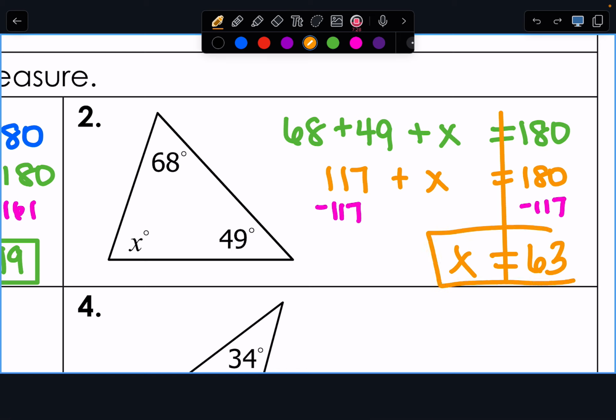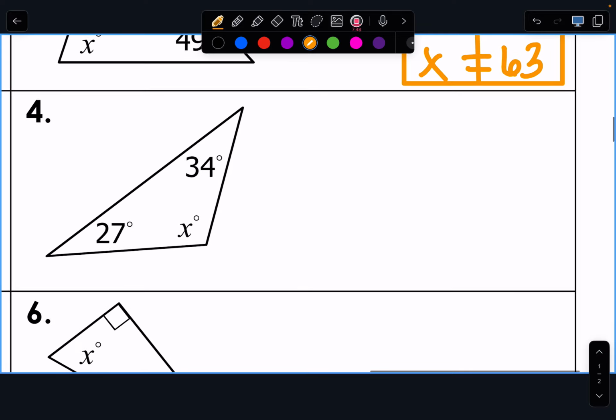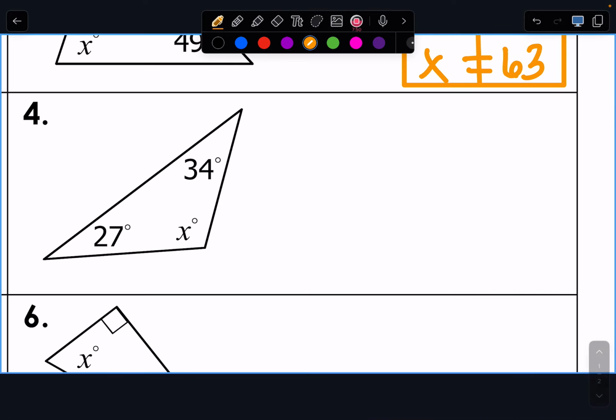Do you agree with 63? Okay. Now, I can check my answer. In my calculator, I can put 49 plus 68 plus 63 and make sure those three numbers add up to equal 180. I can double check my work. What I'm going to have you do is number 4 without me. Do number 4, showing your work, solve for x, please.